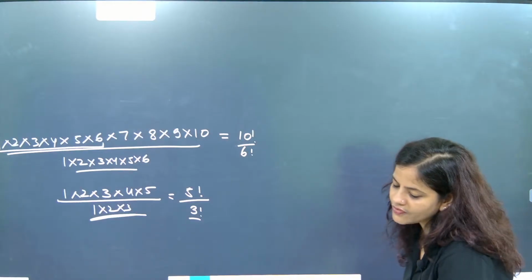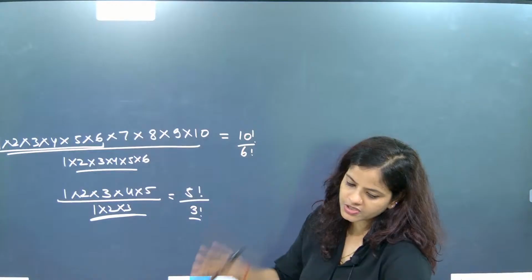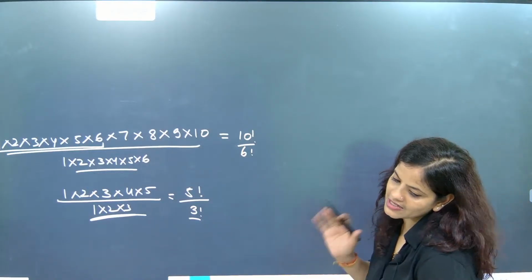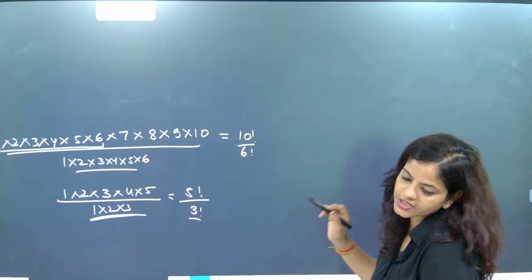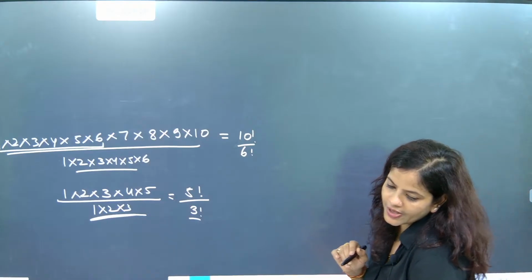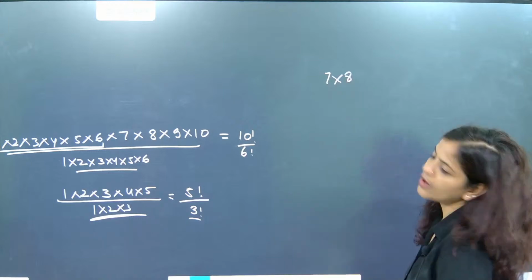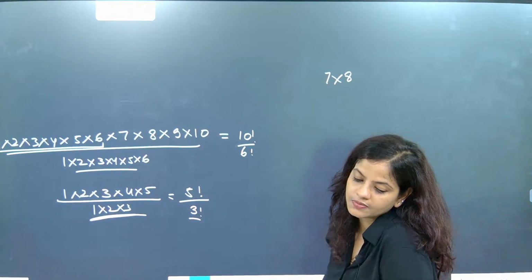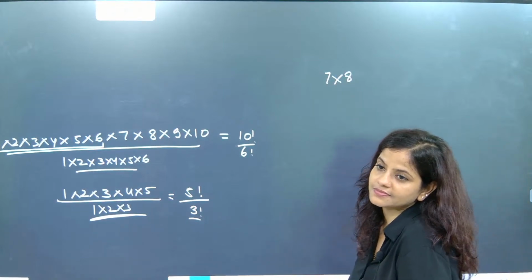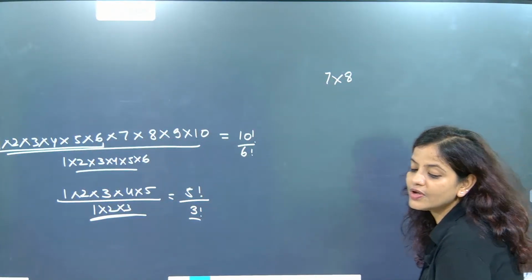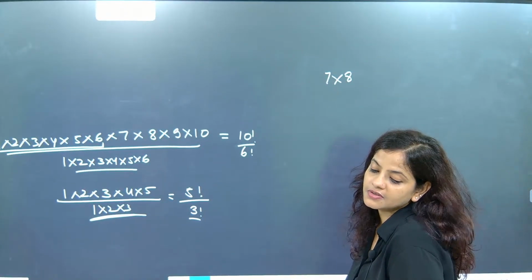So now we will go for the next question. One more question, you try like that. You will understand. Now, is it clear? Come on, solve this question. If you solve this question, then you will be able to understand this part. If somebody writes 7 into 8, what are you going to multiply up and down?